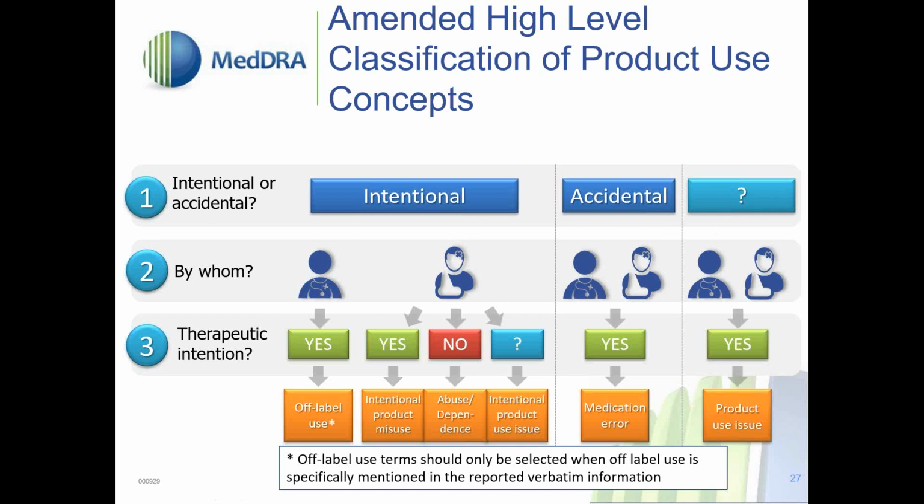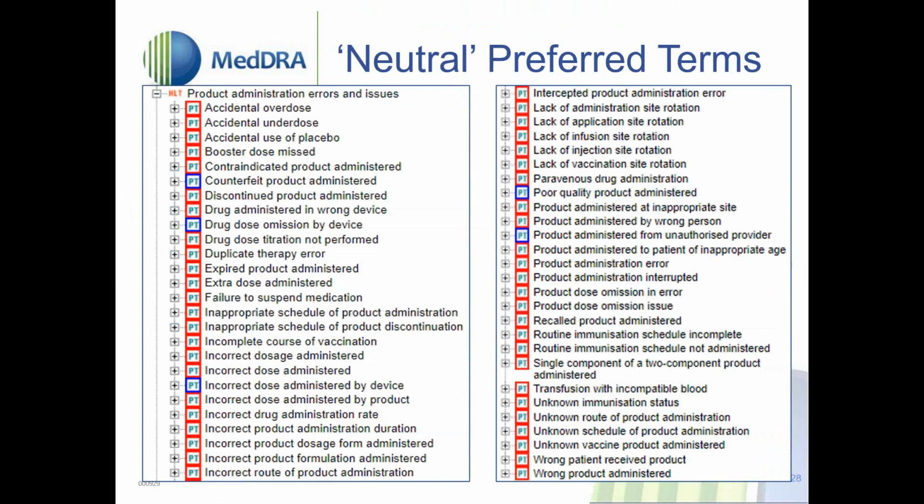So this is now the full classification flowchart. Both PTs are quite vague terms, but you will find other more specific terms in MedDRA for dose or schedule deviation, which are, so to speak, also neutral, because they do not contain the information accidental or intentional. They can be chosen in combination with other MedDRA terms for intentional misuse, off-label use, or medication errors, and they allow us to capture the details of what actually happened when no suitable combination term can be found in MedDRA.